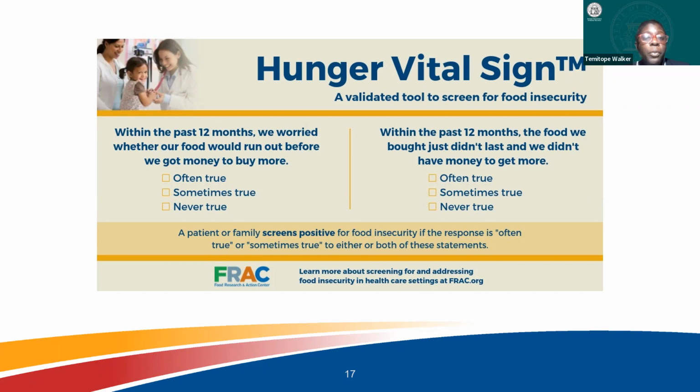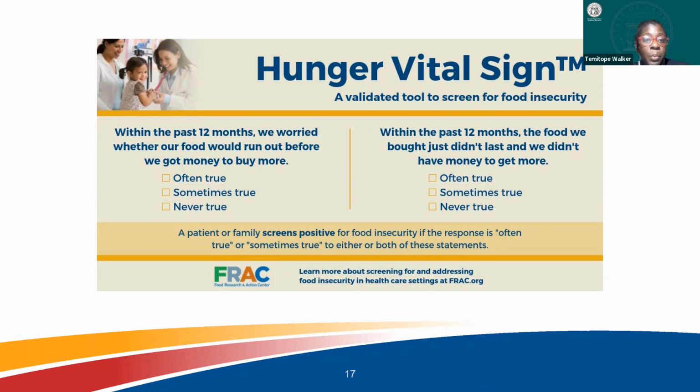It was validated for both youth and adolescents in 2015 for that age group, and then validated for adults in 2017. The individuals are asked to respond by answering often true, sometimes true, or never true. If the response to either statement is often true or sometimes true, the individual is identified as food insecure.